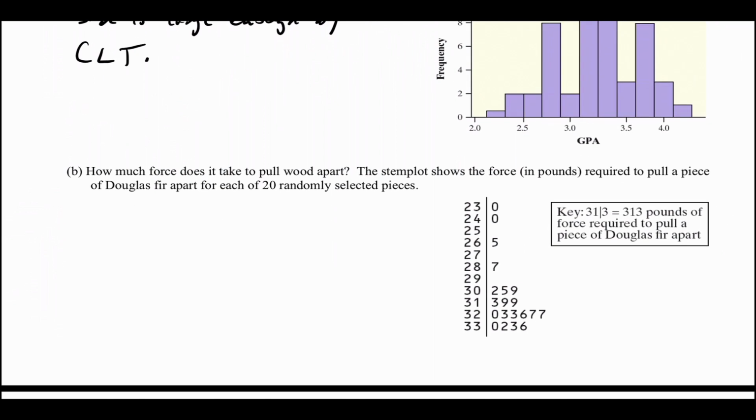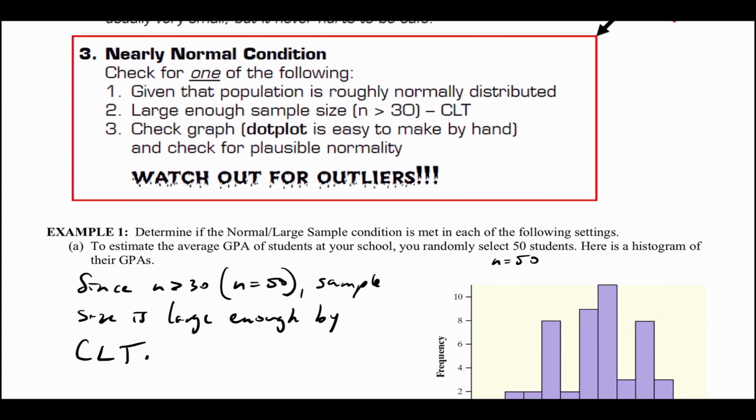Number 2, how much force does it take to pull wood apart? The stem plot shows the force in pounds required to pull a piece of Douglas fir apart for each of 20 randomly selected pieces. Okay. So n is 20. So let's go back to our 3 options.